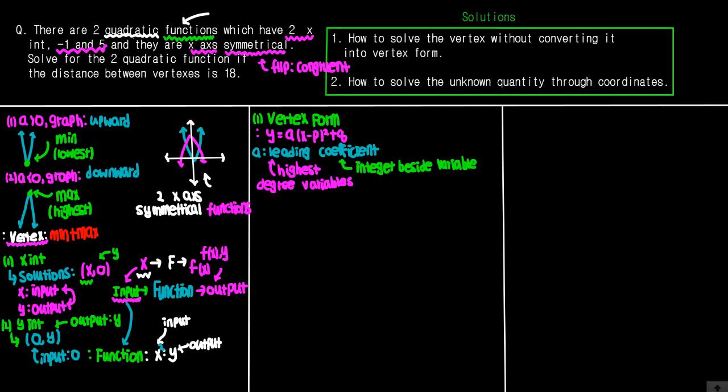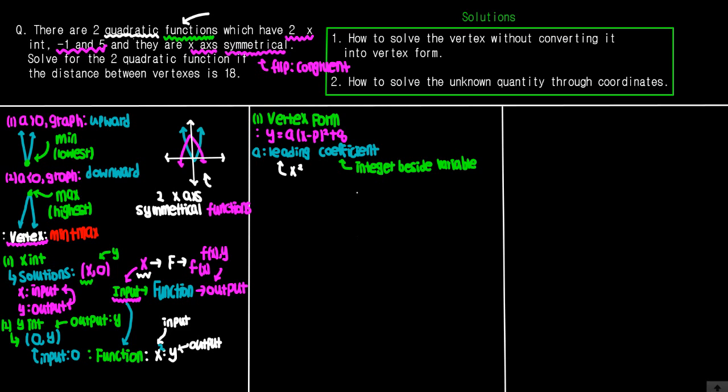That means our highest degree variable is going to be x squared, since we know that the largest degree power term of quadratic functions is x squared. So the leading term is going to be x squared, and the coefficient is just the number beside x squared.